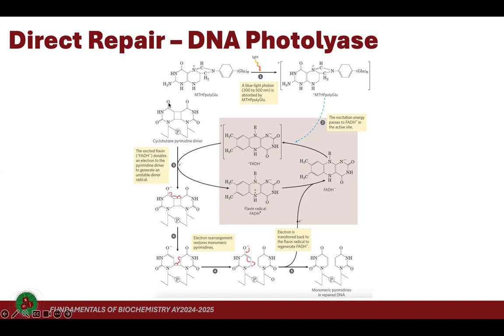So it breaks the pi bond here. Okay, and then a series of radical reactions take place that destroys the cyclobutane structure. And then once the dimer is fixed, the electron is transferred back to the coenzyme FADH. And then the photolyase has finished its job here. So it's ready for another round of direct repair once it has absorbed light energy again.